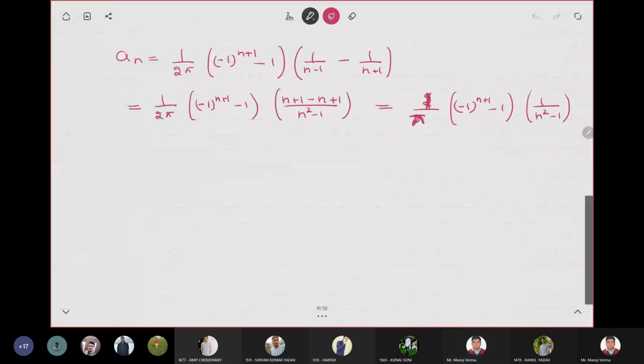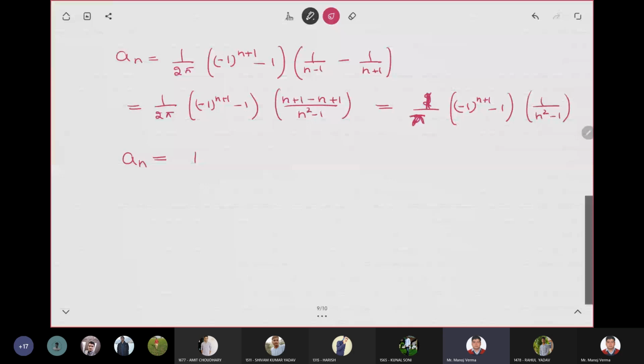So my value will become, in this case, an is equal to 1 over pi into n square minus 1, and minus 1 raised to the power n plus 1, minus 1. Now again I can define the value of an for odd n and even n.